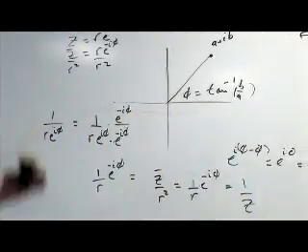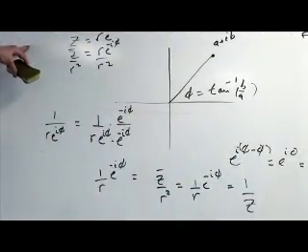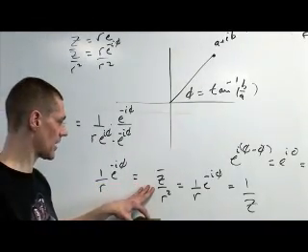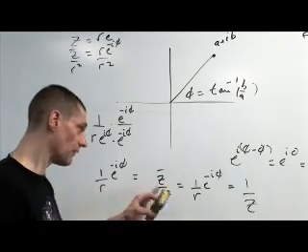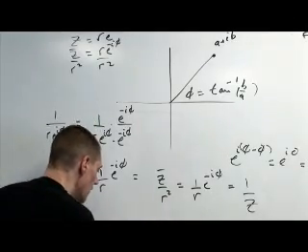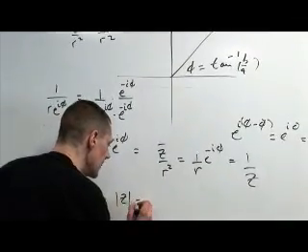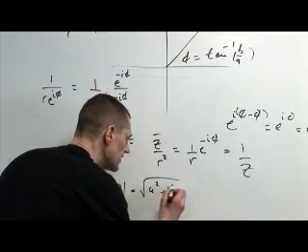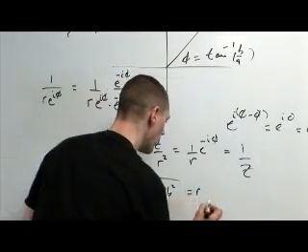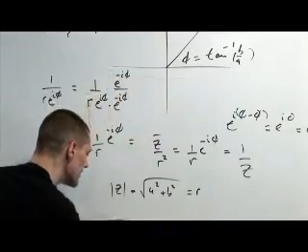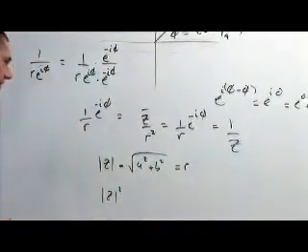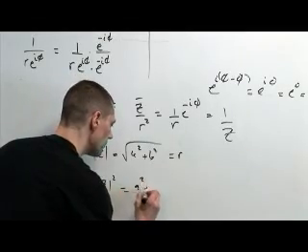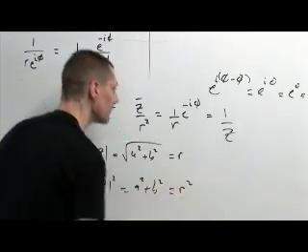So if we take z and use it in the divisor, this is the same as the complex conjugate divided by, well, what is r squared? We know that the norm of z is the square root of a squared plus b squared, and this is r, so r squared is the norm of z squared, which will be a squared plus b squared.